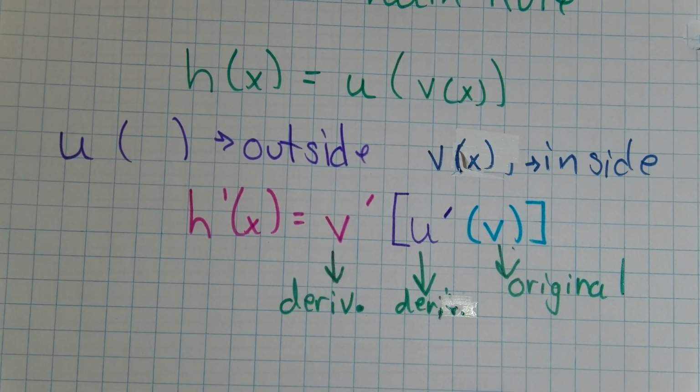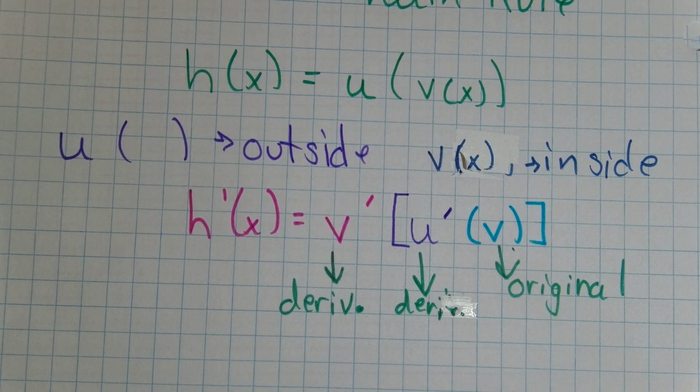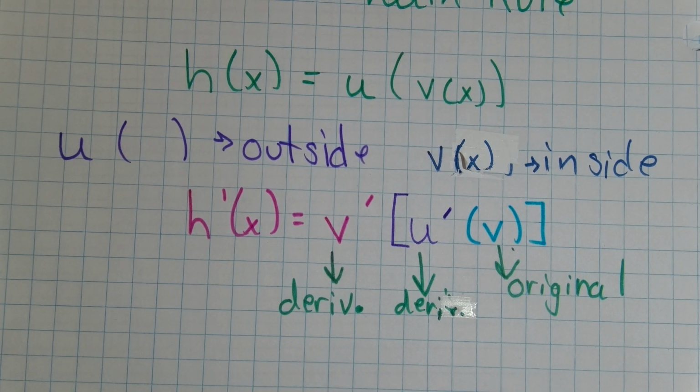The original v, not the original u, the original v. So your formula will be derivative, derivative, original.